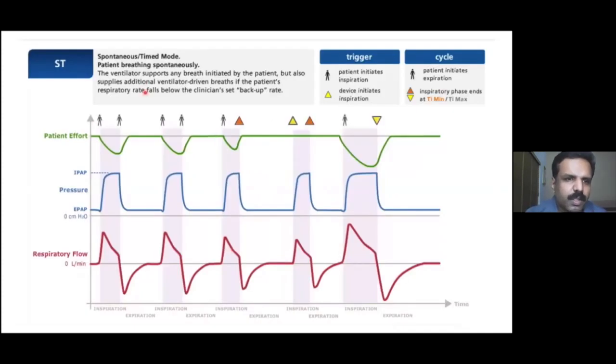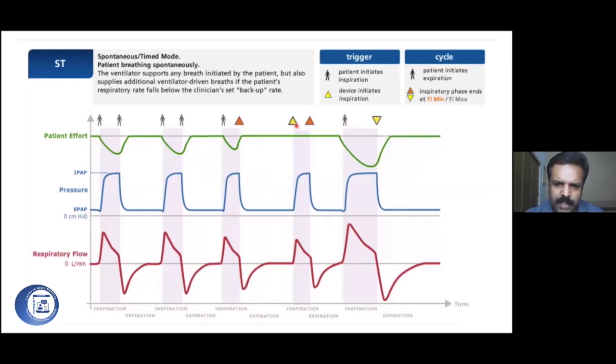See the ST mode here. This is called a spontaneous timed mode. Here the patient is breathing spontaneously, and every breath is initiated by the patient. But here you can see this yellow indicates the device initiated.